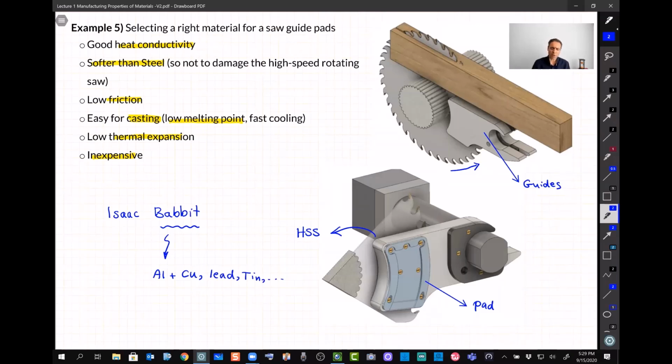All right, so from this example, you see, it depends on application, we have to deal with a variety of requirements, in fact, to make sure that we can satisfy all of those. And that's all to emphasize the importance of having a basic understanding of material before we start designing and manufacturing something.